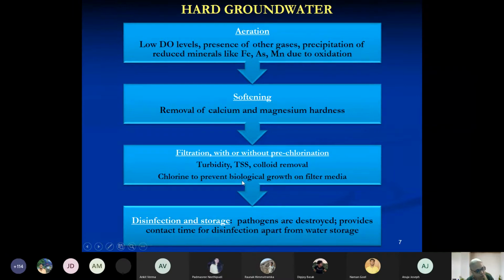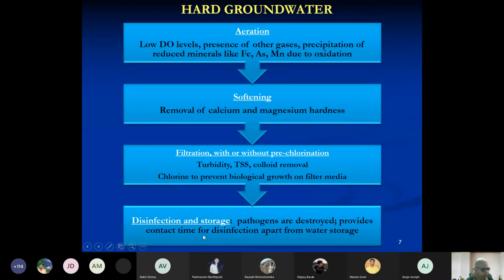And you will find that the moment you have water and a surface, they will grow happily because there is sufficient nutrient available in the water for these microorganisms to grow. So many people prefer to pre-chlorinate the water before filtration. Some do it, some don't, but many do. This chlorine is especially used to prevent biological growth on the filter media.